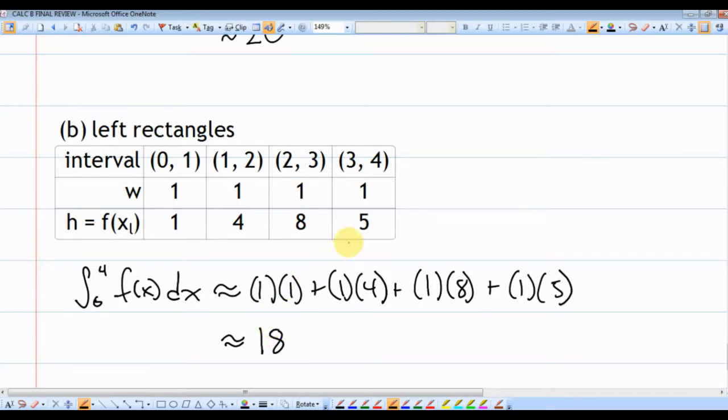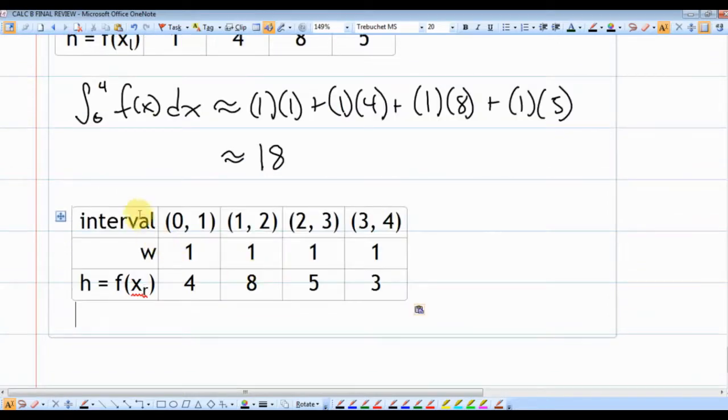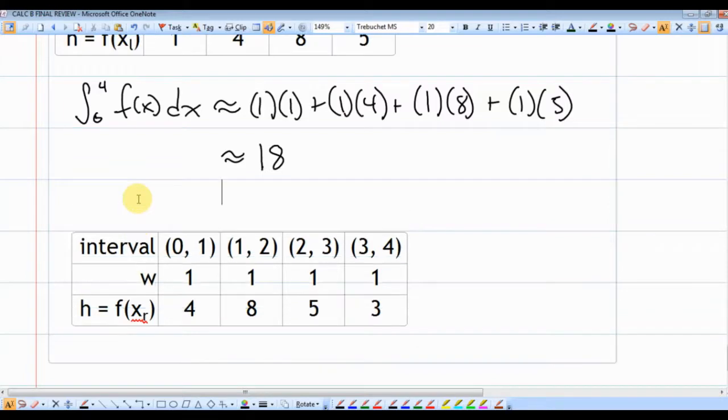Okay, part C. Part C, we're supposed to use midpoint rectangles, right? Oh, I like that one.